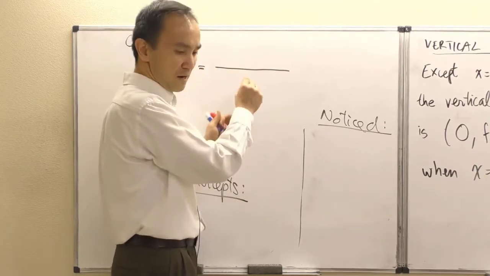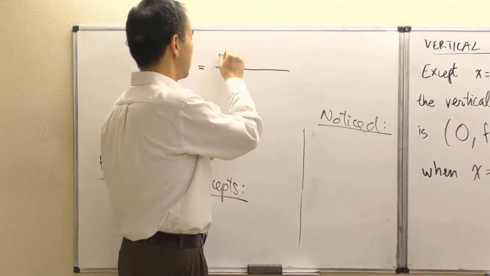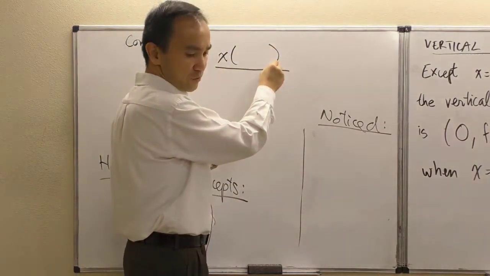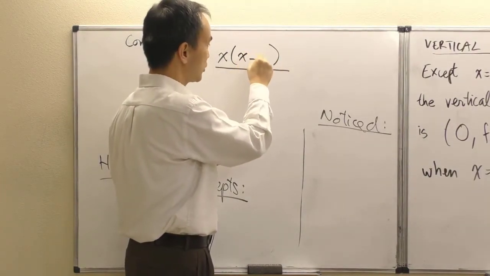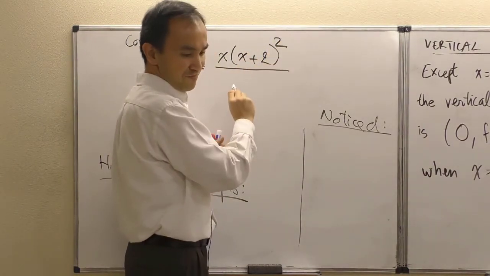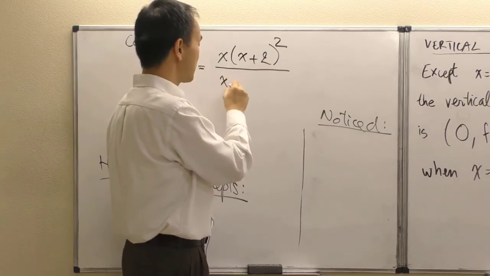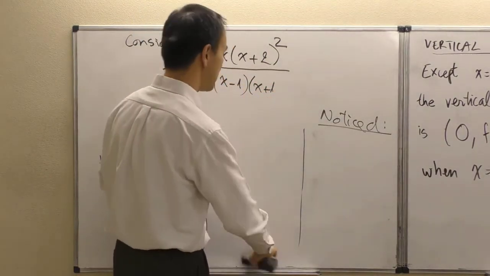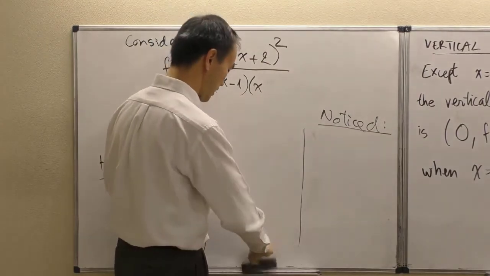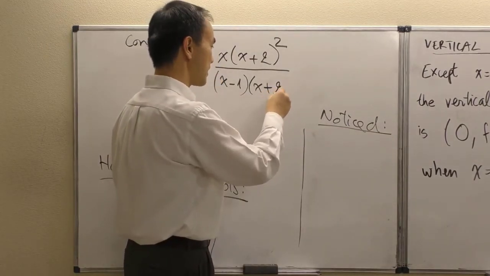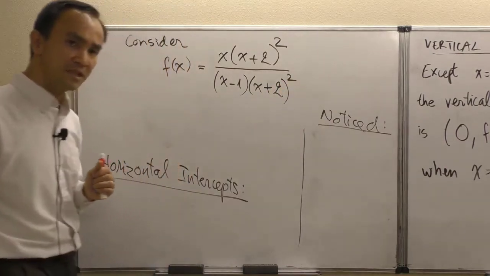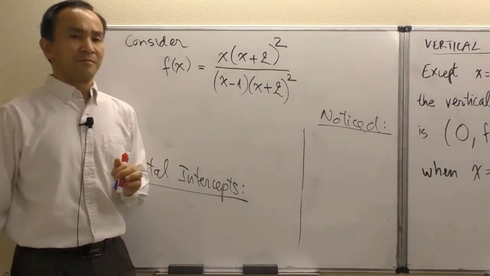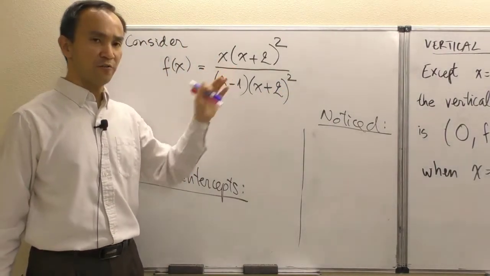So now I'm going to give a case where that effort has been saved for us. x times (x plus 2) all squared, divided by (x minus 1) times (x plus 2) all squared. Indeed, I prepared this (x plus 2) all squared in the denominator. So this is a rational function.